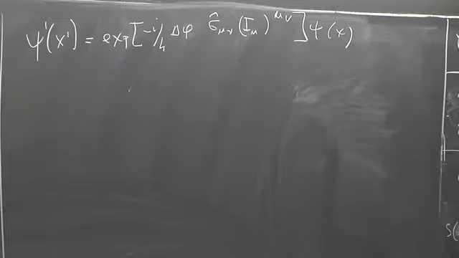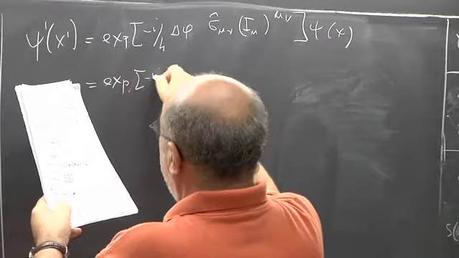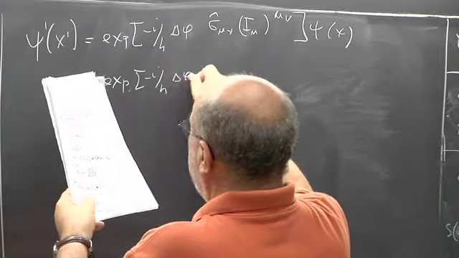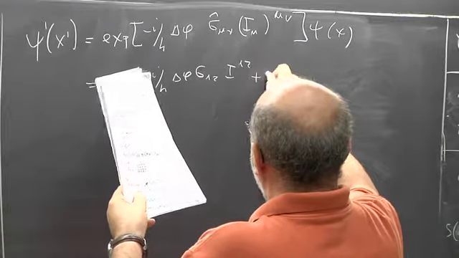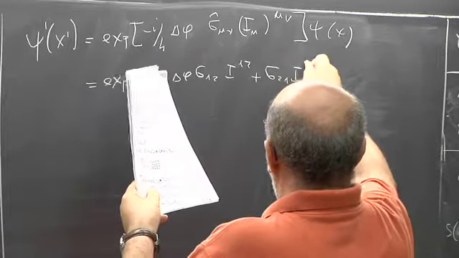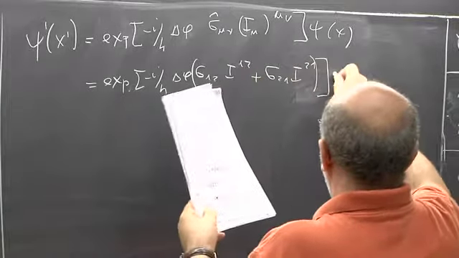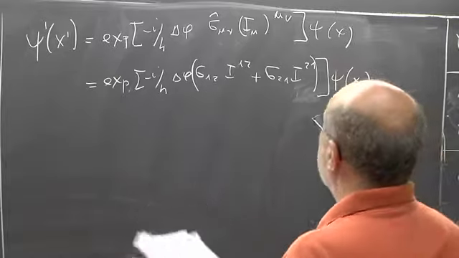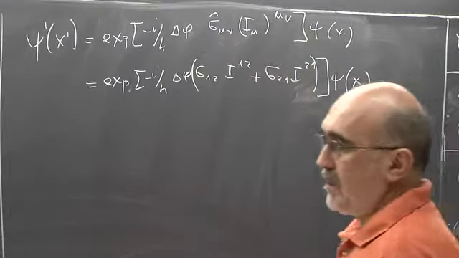You see, the (2,1) and (1,2) were different from the identity. So this becomes exponential of minus i/4 δφ [σ^{12} I^{12} + σ^{21} I^{21}] ψ(x). Okay? So I have saturated only the indices that are different from 0.